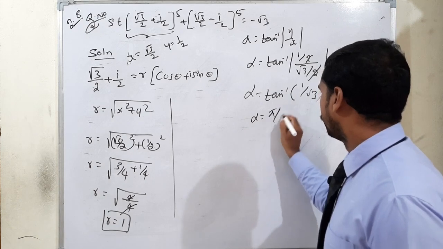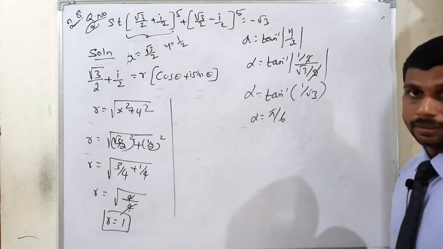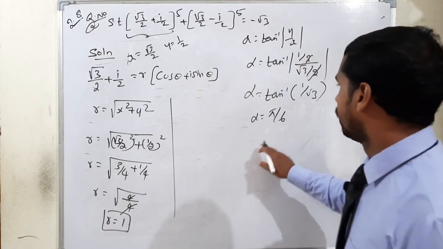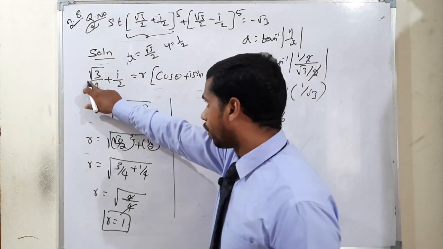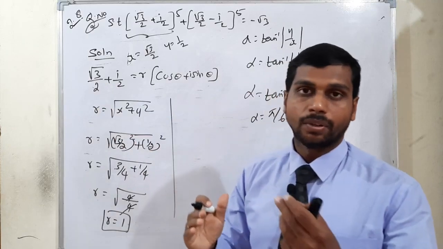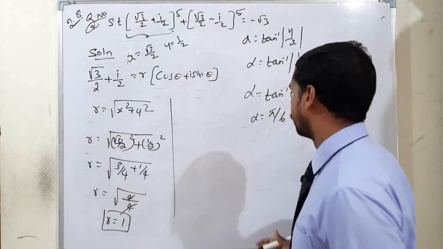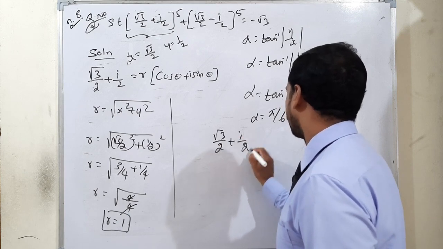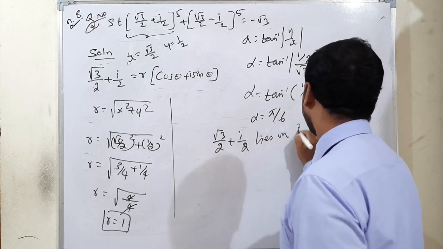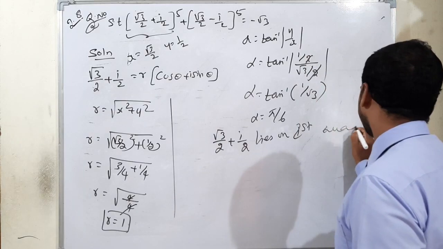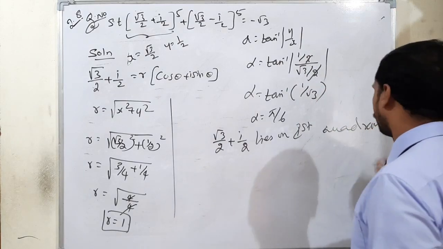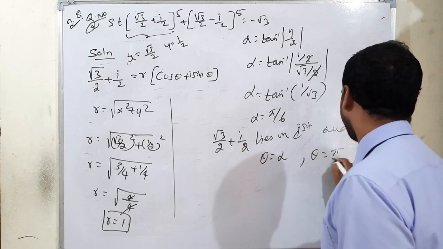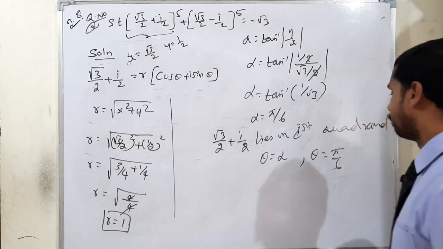Therefore the alpha value is pi by 6, because tan 30 degrees is tan pi by 6. Now we already know x is positive and y is positive, so both terms are positive, which means it lies in the first quadrant. So root 3 by 2 plus i by 2 lies in the first quadrant. In the first quadrant, theta is equal to alpha, so theta is equal to pi by 6.